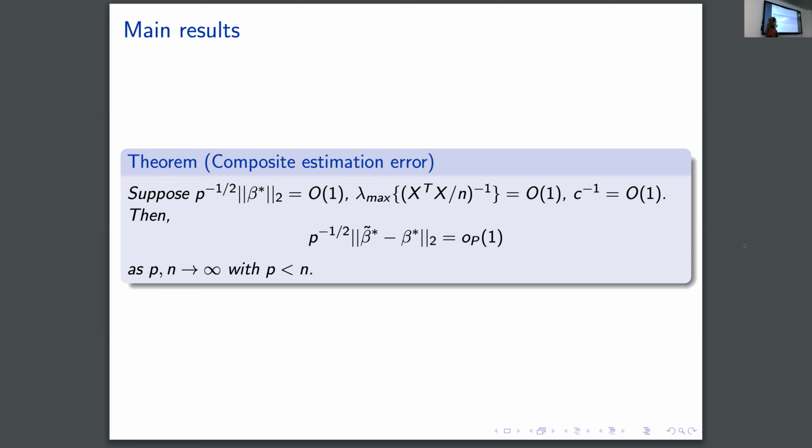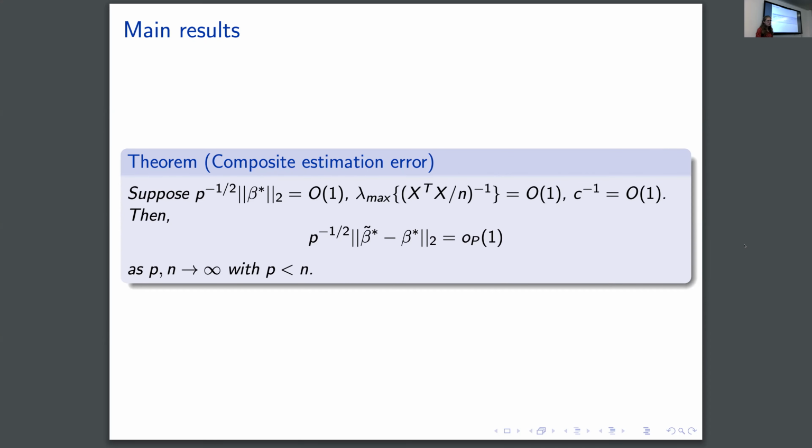If you look at the expression for the inverse, you can show that if you take randomly generated design matrices, again, it will converge to something non-zero. And then you get consistency in L2 norm.